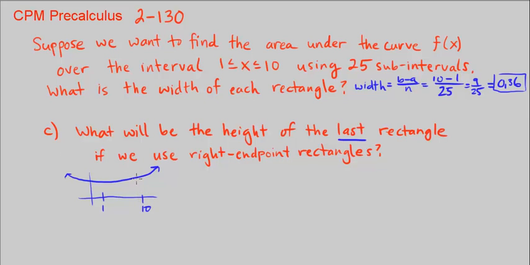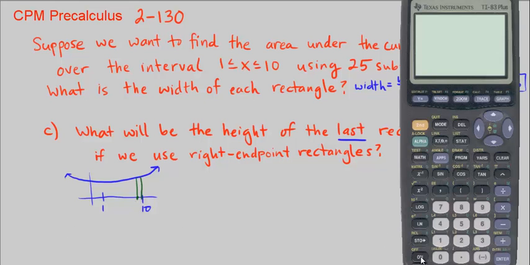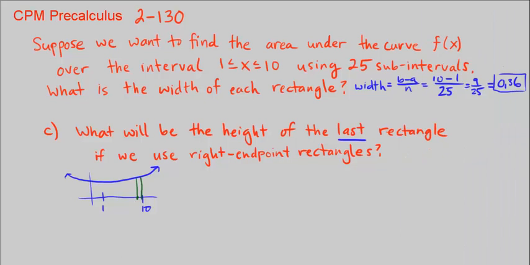Our last rectangle is going to have a base still of 0.36 units, so it starts right here at 10 minus 0.36. Let's figure out what that is: 10 minus 0.36 is 9.64.